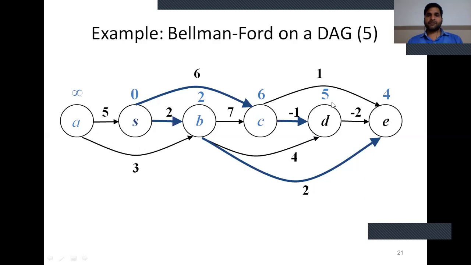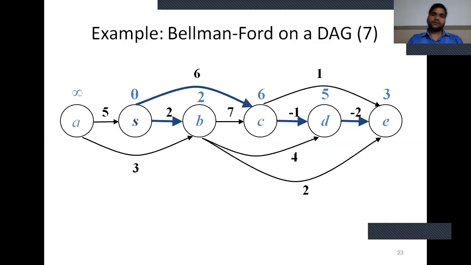And the next vertex D is in topological sort order. According to topological sort, the value of D is 5 and the path value is minus 2. So the value 4 is replaced by 3, and this is the selected path and this is the rejected path. This is the example of topological sort. Thank you.